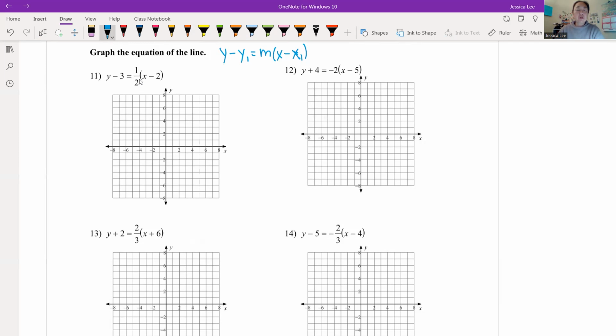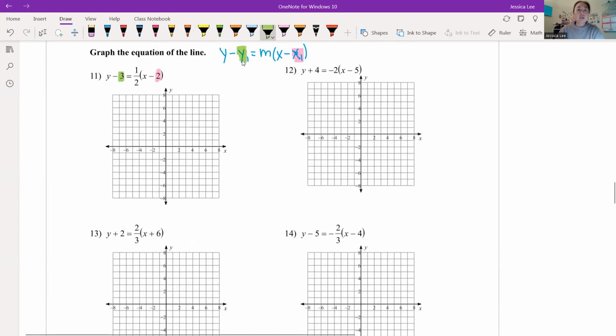So let's figure this out. Our point we're going to make pink. If you notice right here, our x1 is this x1 right here. Notice there's already a minus there, so we're not going to take that part. Our y is going to be with the other y. We'll make that green.